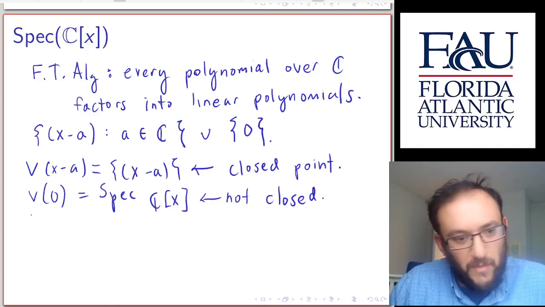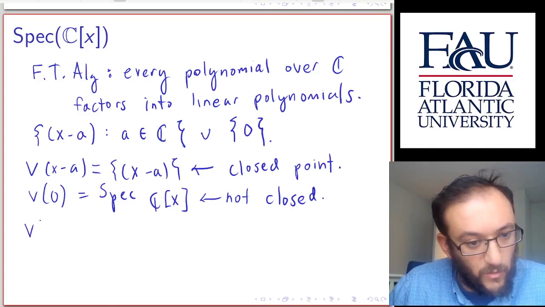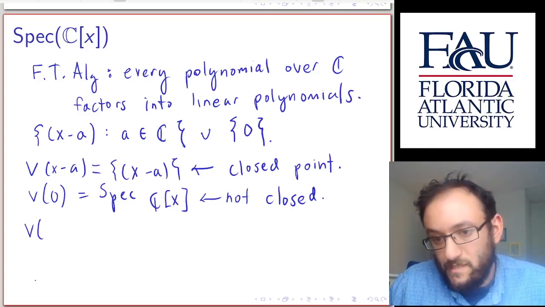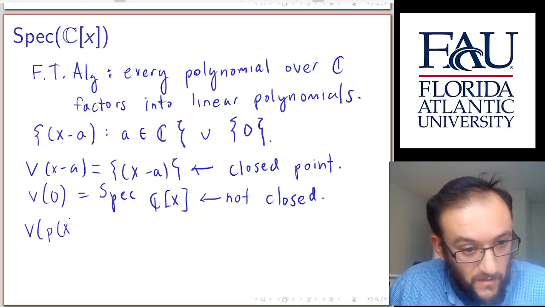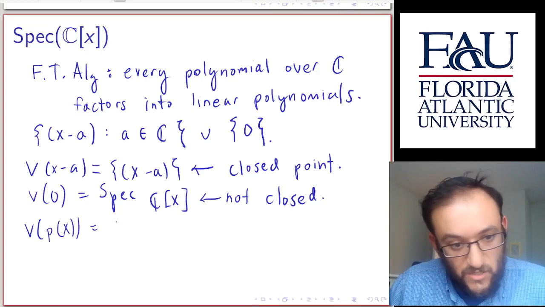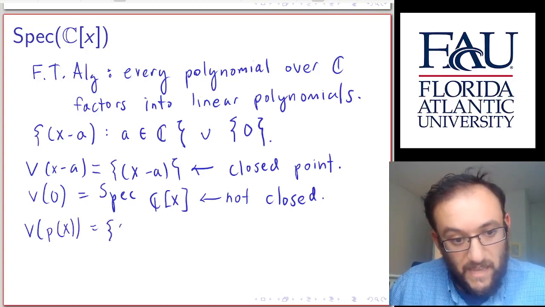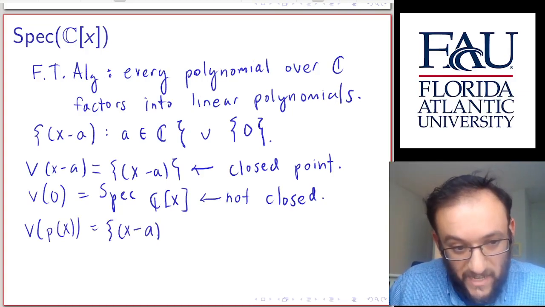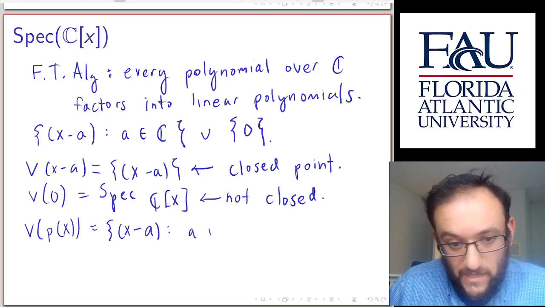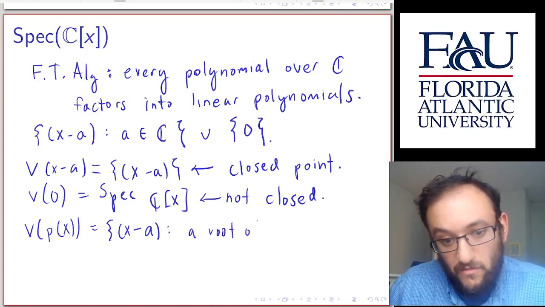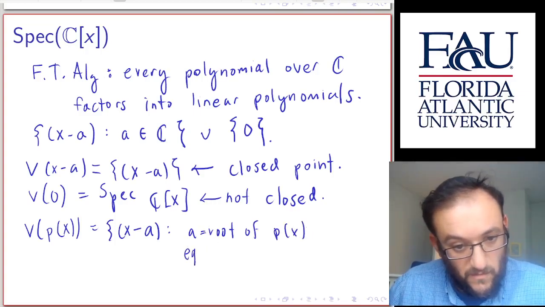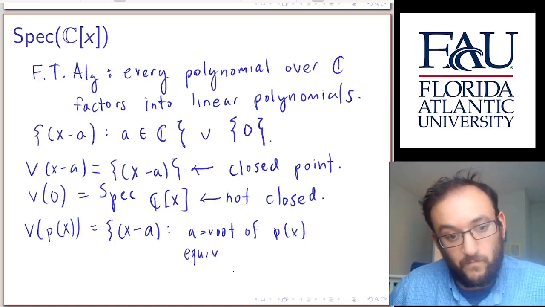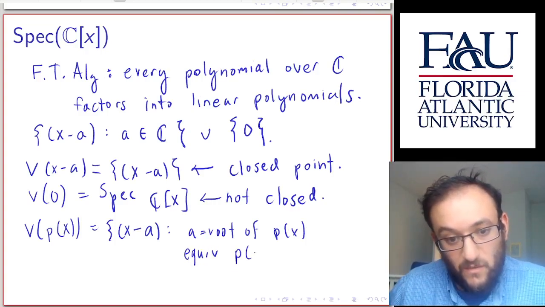And if we want to think about just an arbitrary polynomial, what's the closed set corresponding to that? Well, this is just going to be the set of ideals generated by x minus a, where a is a root of p of x. Another way of writing that, p of a equals 0.